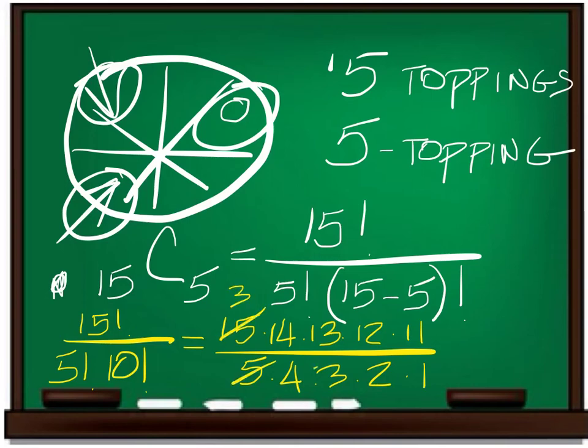You can cancel out a 4 and a 3 and the entire 12 on top. So these are wiped out. And then you still have a 2 you can mess with and make this one into a 7. So you end up with 21 times 13 times 11, and there's nothing left on the bottom. What did you get? 3,003. Yes, 3003.